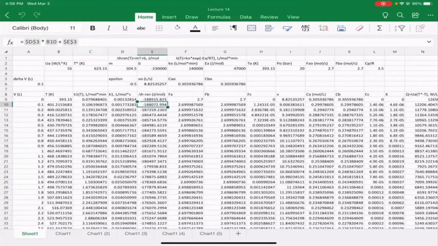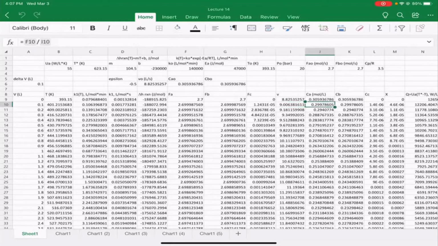Then in each one of these columns, we have FA, FB, and FC. Here's the volumetric flow rate, using the equation that we already showed before, which is V0 times 1 plus epsilon X times the ratio of the temperatures.